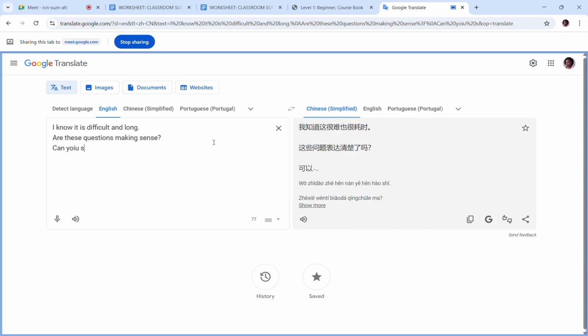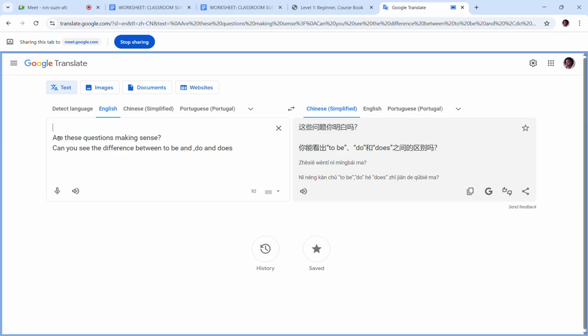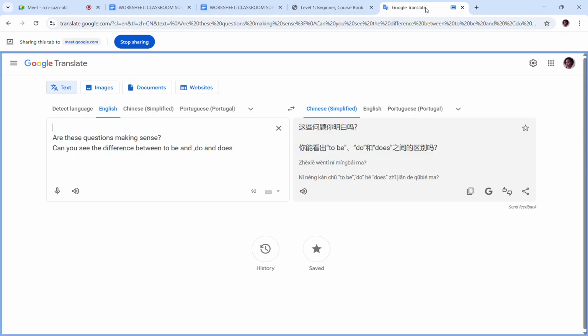Can you see the difference between to be, do and does? Yeah. Can you see the difference? Make sense?